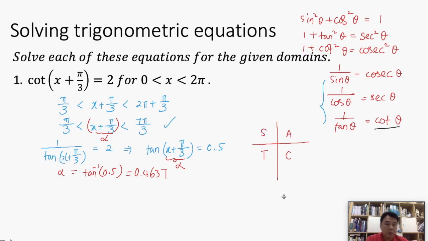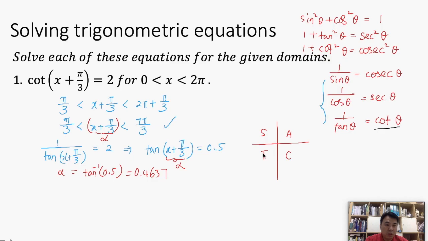Okay, if you are using this mapping, we know that the tangent is positive in the third quadrant, and you can actually use a shortcut, even though this is not a very appropriate method, but it's a shortcut way to obtain the solutions.